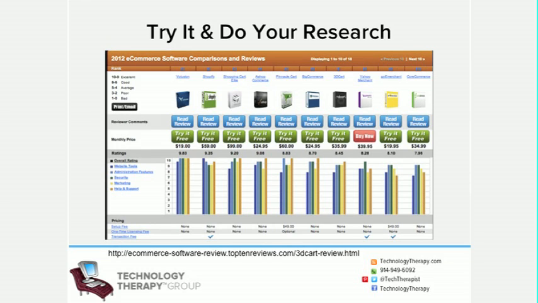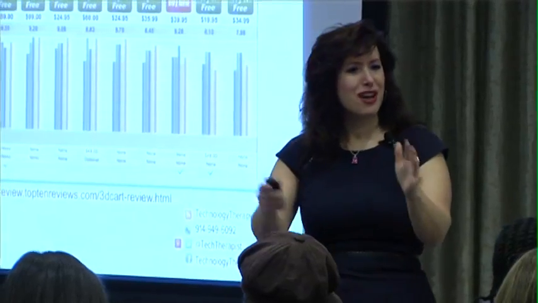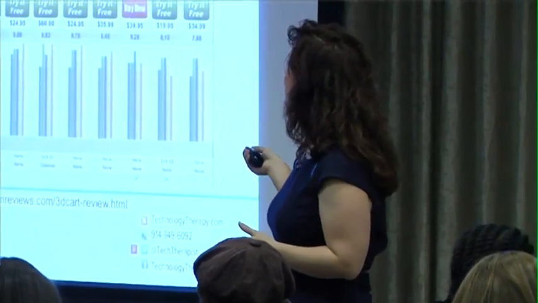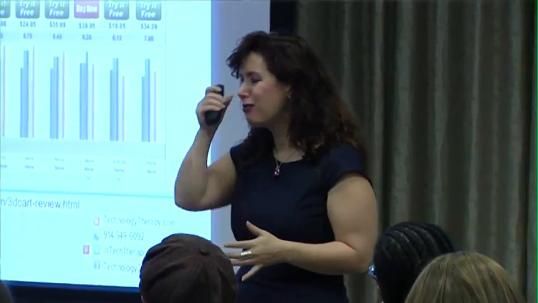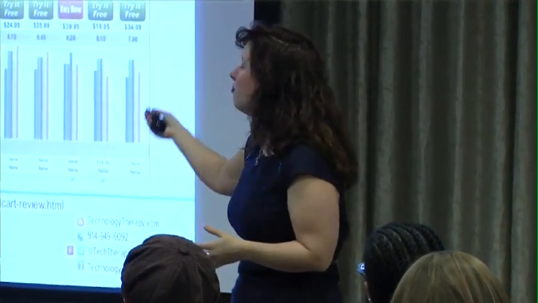If you see it down here, it's called top10reviews.com. They review everything, phones, but they also took all the prepackaged software that you can buy for building websites, and they measure them, and they put up information about which ones they have done the research on as the best. So spend a little time checking it out.